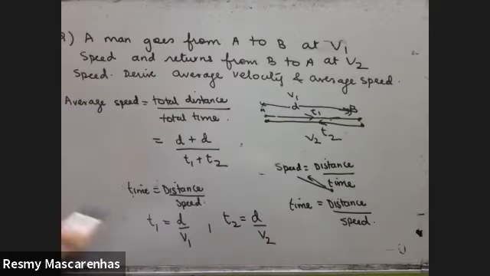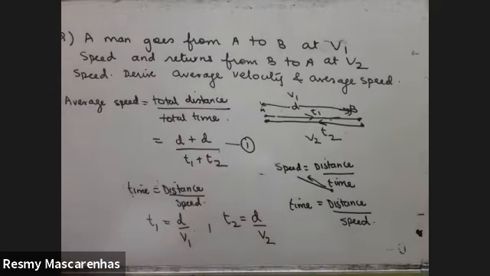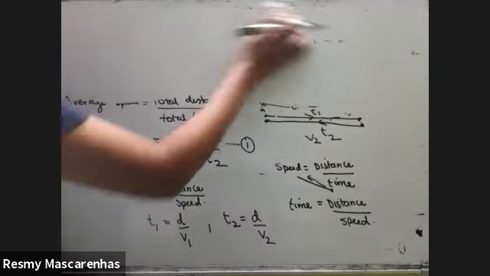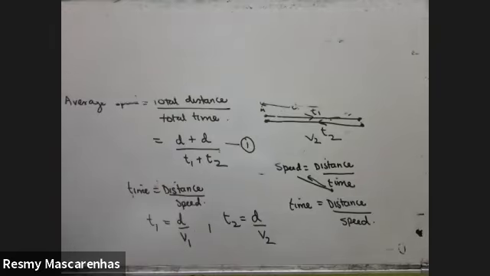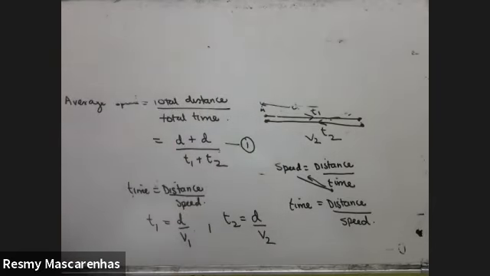So what you do? Put these values of T1 and T2 in this equation. In equation 1 you put, instead of T1 you substitute this, instead of T2 you substitute this. Why am I doing this? I want my answer in terms of V. I don't want it in terms of T because time is not given in the question.